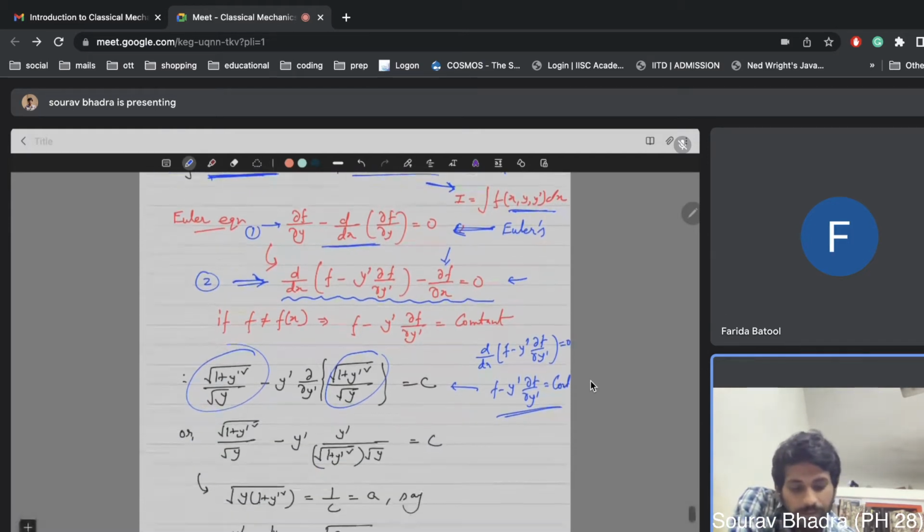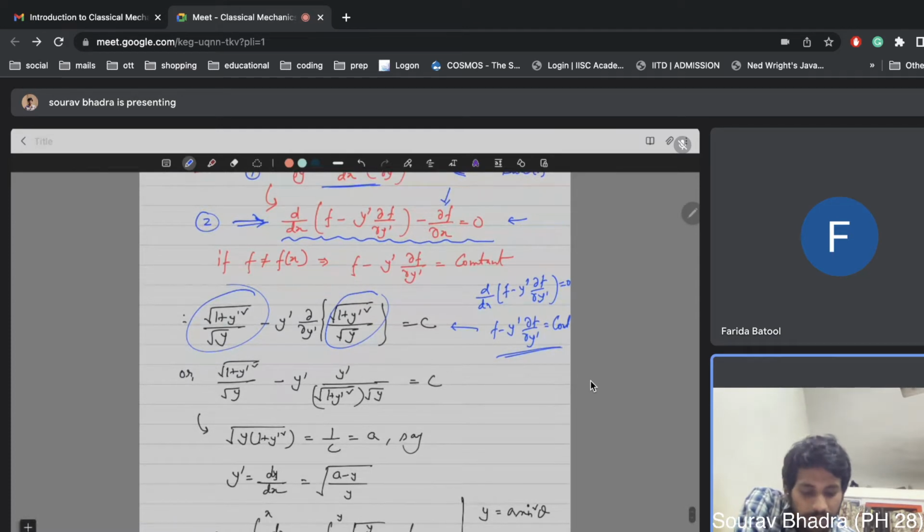Now if you calculate and do the differentiation, just follow these lines. Here the root y in the denominator of the second term is a constant, it is not a function of y dash, so the derivative will only work on the numerator.